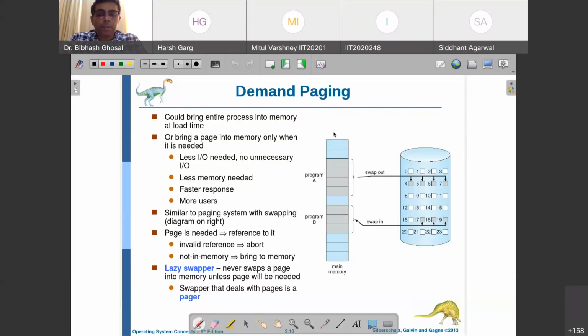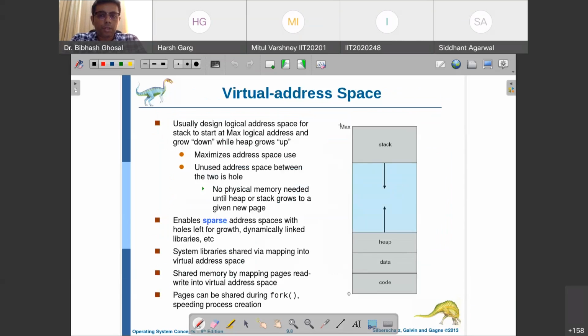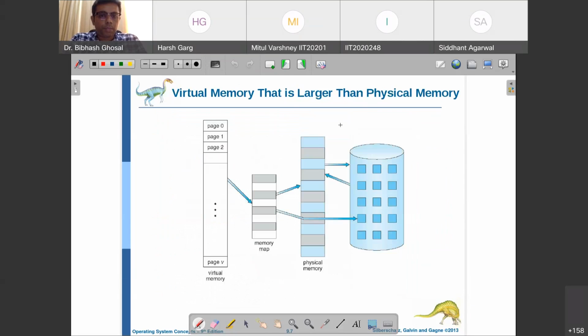And the problem is that, if you look at the way in which the code works, virtual memory is larger than the physical memory. Let me try to elaborate the problem.